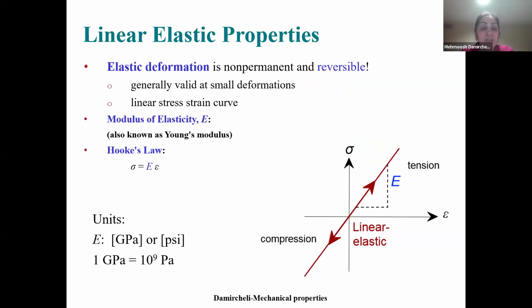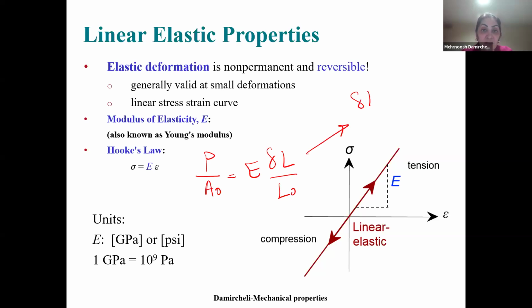Okay. The relation between stress and strain in the elastic region is completely linear. The name of this equation is Hooke's law, and sigma, the normal stress, is E, Young's modulus, times normal strain. If you remember, sigma was force, P or F, divided by A naught, is E times epsilon, and epsilon is delta L per L naught.